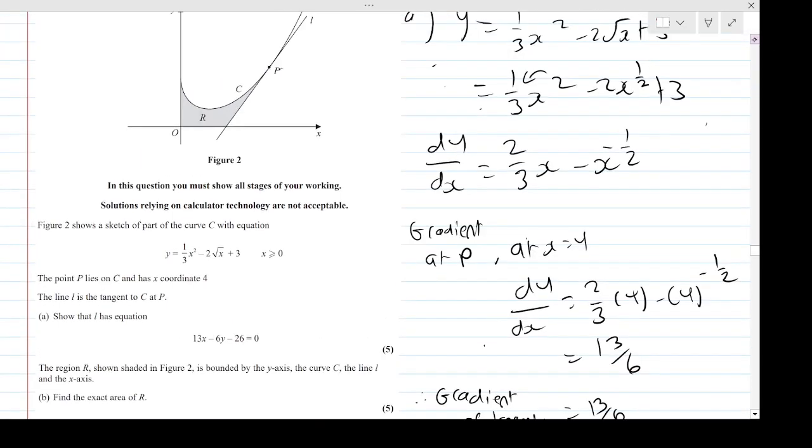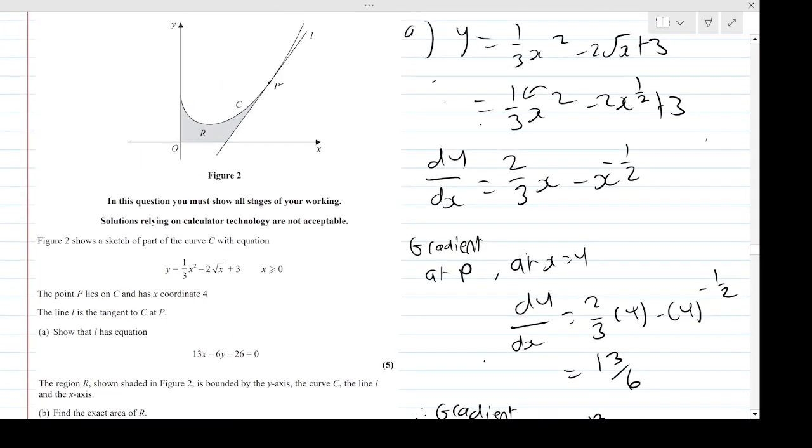Well, you can't really see it beyond this point, but the region R goes up to P, very faintly. So the two endpoints of the region are between 0, the origin, and P. But P, we saw that x is 4 at P. So we're integrating from 0 to 4.